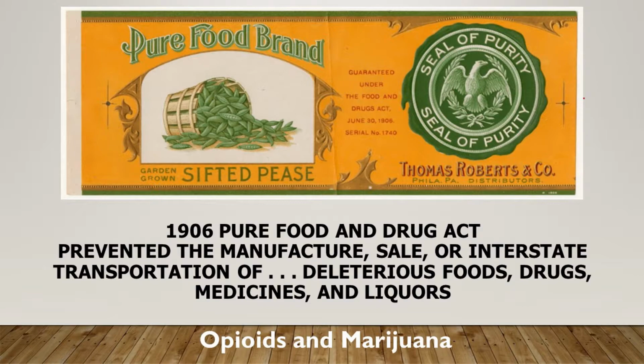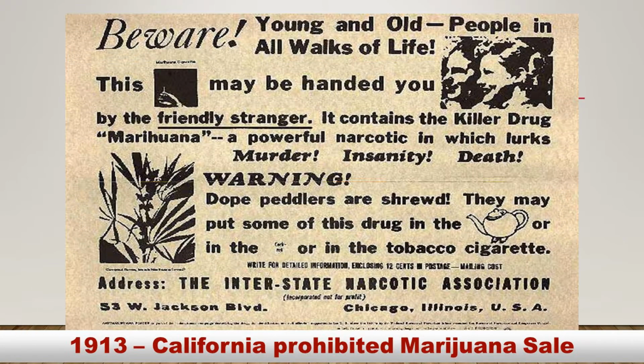In 1906, Congress passed the Pure Food and Drug Act, which prevented the manufacture, sale, or interstate commerce of deleterious foods, drugs, and medicines and liquors. The act included opioids and marijuana.